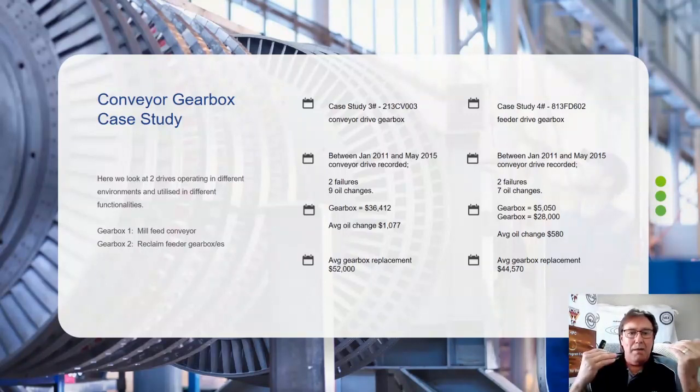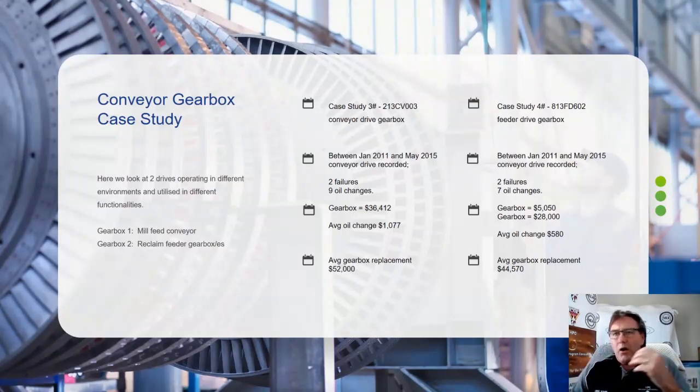One's a mill feed conveyor, and the other one is a reclaim feeder gearbox. So high speed, moderate loading, whereas case study number 4 is slow speed, high torque loading, subject to stop starts, and we've got some different dollar term values.